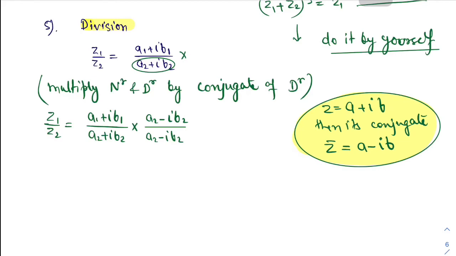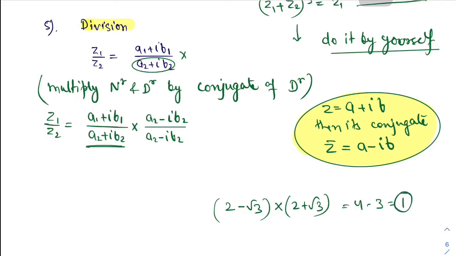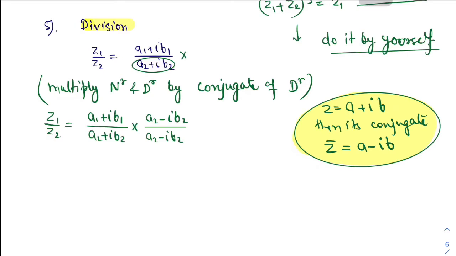If I have this number, say 2 minus root 3, and I multiply by 2 plus root 3, then it will become 4 minus 3 is equal to 1, it becomes rational. But here A2 plus iota B2 is a completely different thing, it is a complex number, so we will not use the word rationalization, okay?